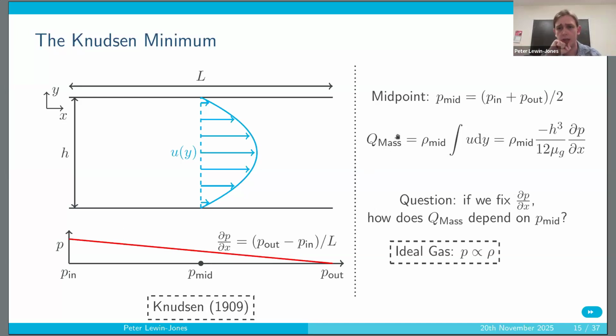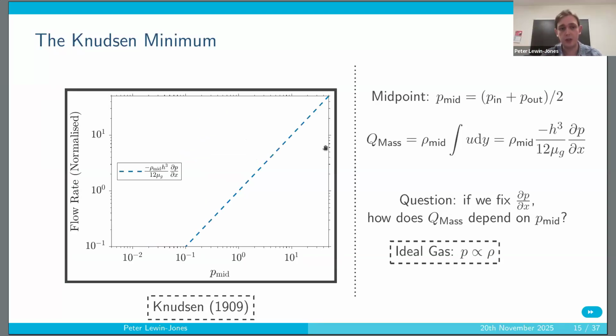And the question we want to ask is, how does my mass flow rate vary as we vary this mid pressure? Now, for an ideal gas, assuming we've got a reasonably well-behaved gas at constant temperature, the pressure is proportional to the density. So I expect it to look something like this.